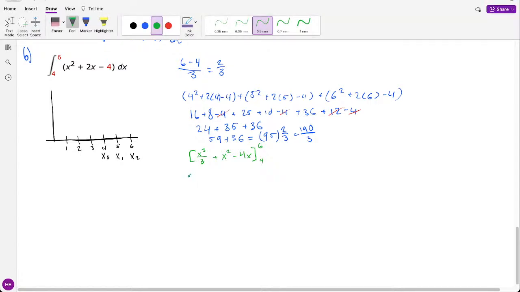So 6 cubed over 3 plus 6 squared minus 4 times 6. And then minus it from that same function but with 4.